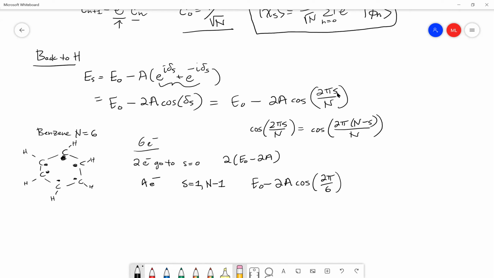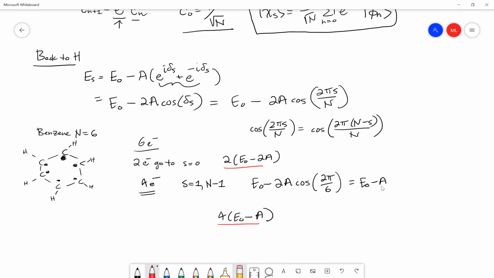So this is just E0 minus a. That's the same as what we found for the 2 carbon case. So four of the electrons can go there. So that energy is 4 E0 minus a. So it's this guy and this guy.